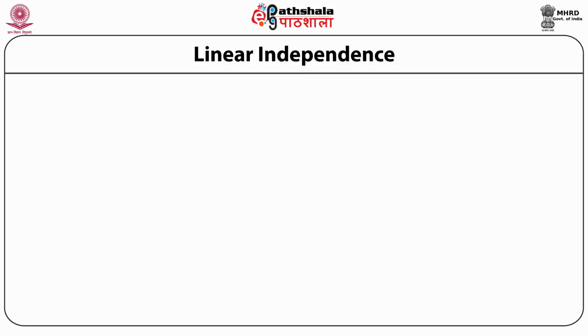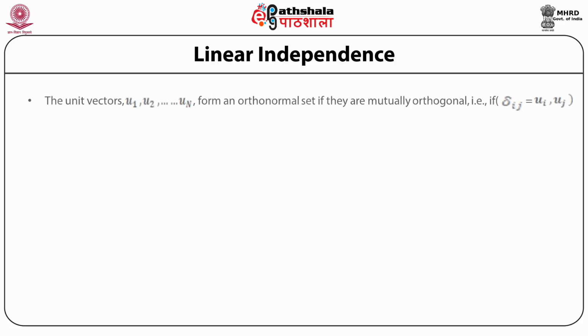For this, let us consider unit vectors u1, u2 and so on till un that form an orthonormal set. That means that they form an orthonormal set if they are mutually orthogonal, or in other words, the unit vectors u1, u2 and so on till un are all mutually orthogonal, then such a set of vectors forms an orthonormal set.